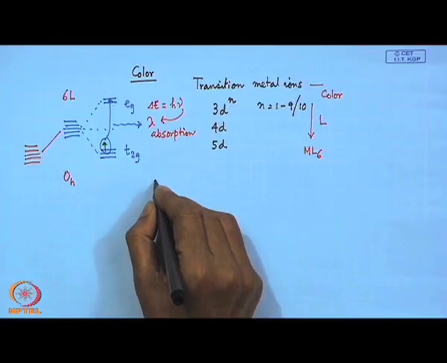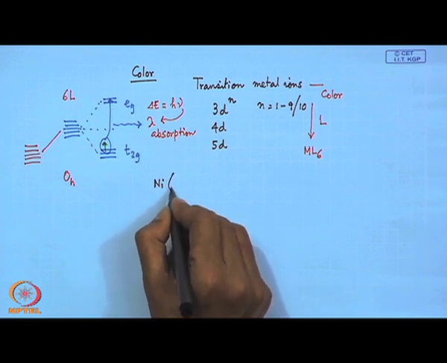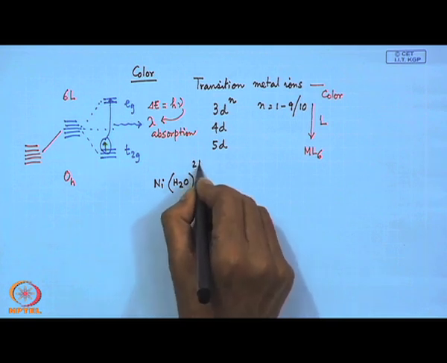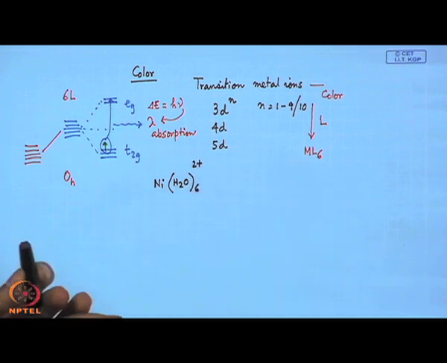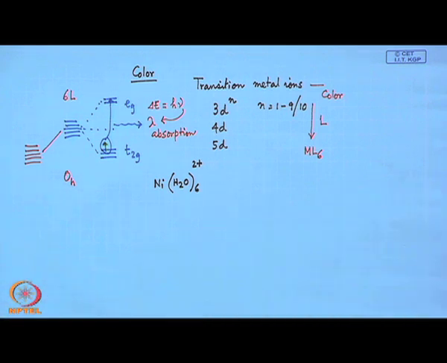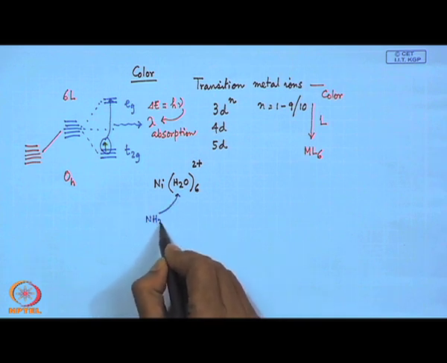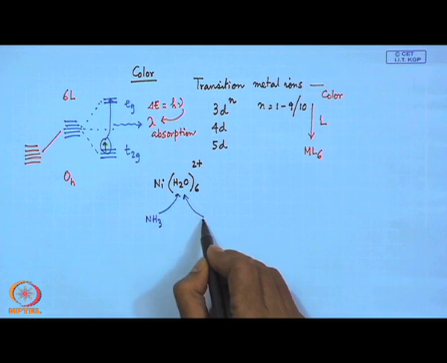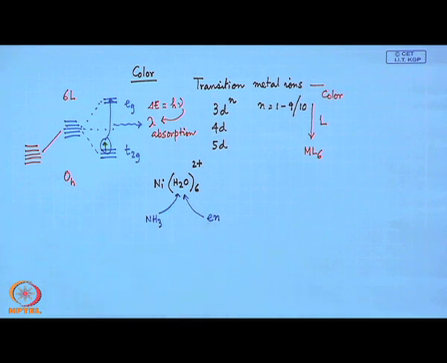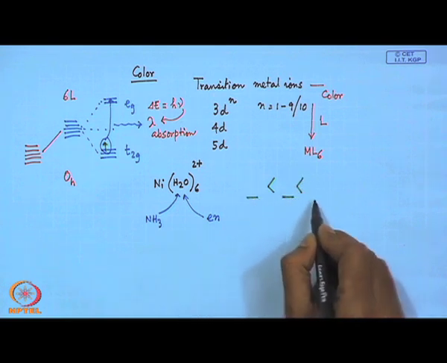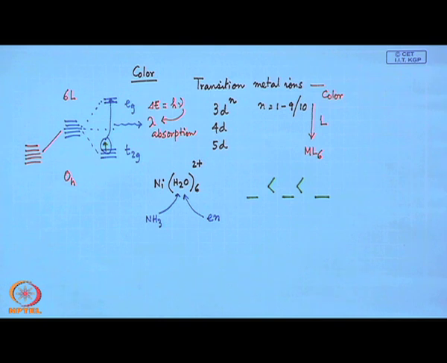And we have seen that in the case of simple molecules like the hexaaqua compound of nickel(II), if we substitute these by ammonia as well as ethylenediamine, there is a change in the ligand strength, because they are in different positions in the spectrochemical series.